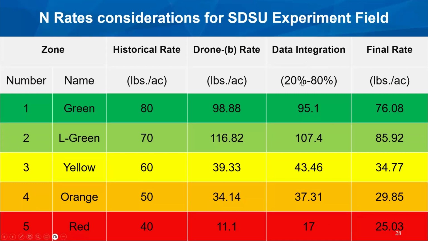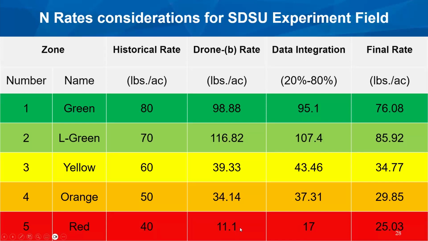So we integrated the data. We have the weight of the previous historical yield data at 20% and 80% from our drone base rate. And we wanted to have the saving also, so we had an upfront 18% nitrogen cut, and the final rate was this application.